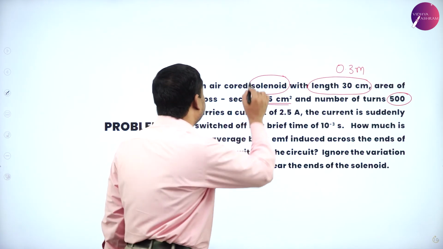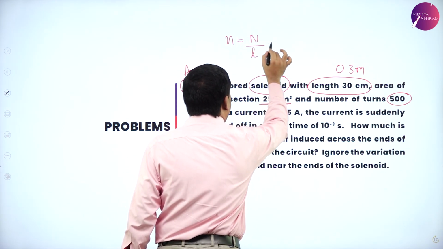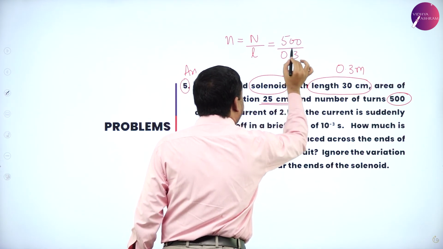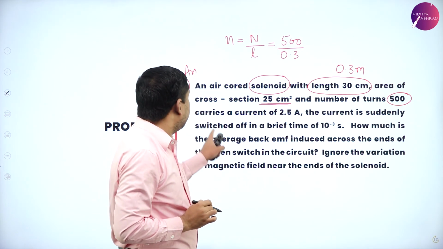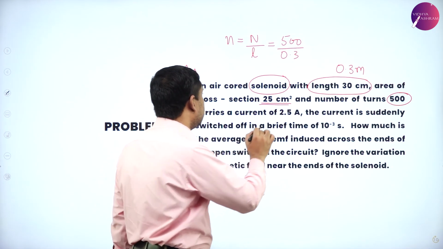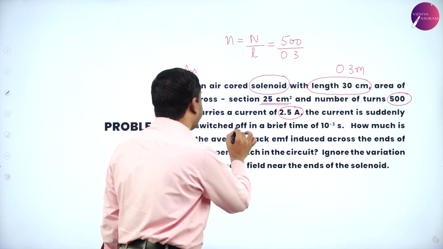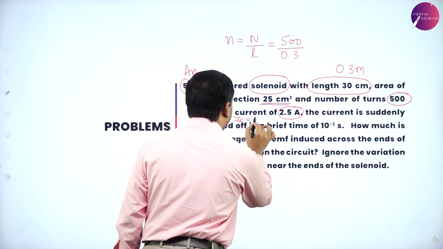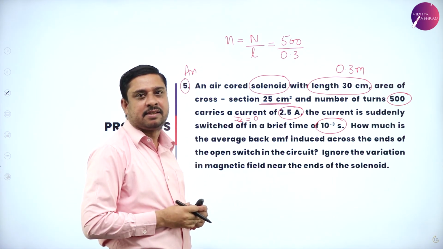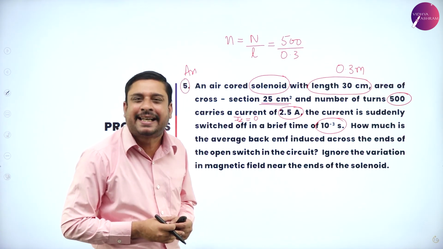So first you have to calculate N, which is capital N by L, which is 500 divided by 0.3. Carries a current of 2.5 amperes. The current is suddenly switched off. That means I2 is 0 in a time interval of milliseconds. What is the average back EMF?